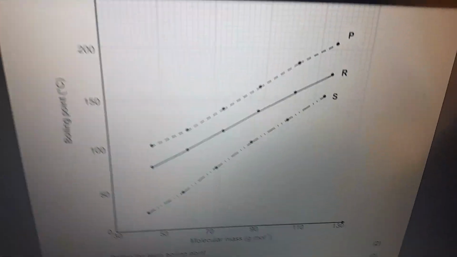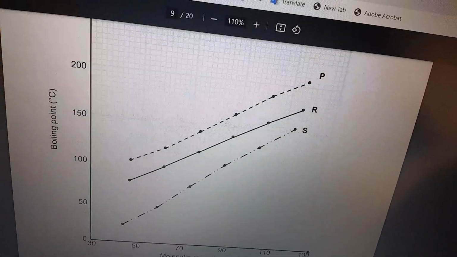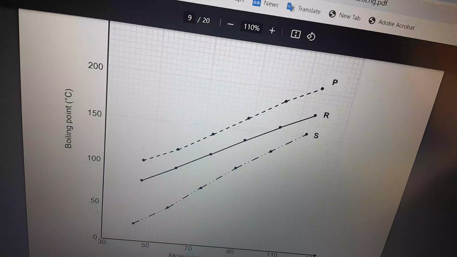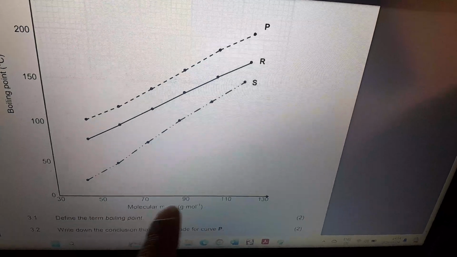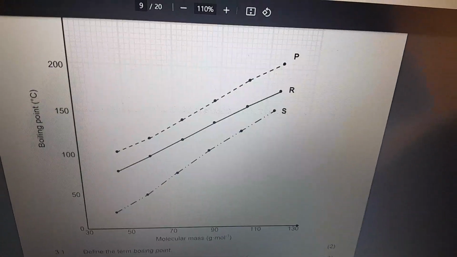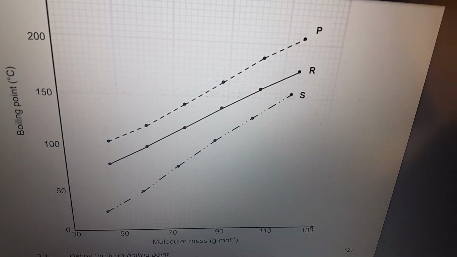Okay, in the next question, you're given three graphs indicating the boiling points as the molecular mass of the substances increases.